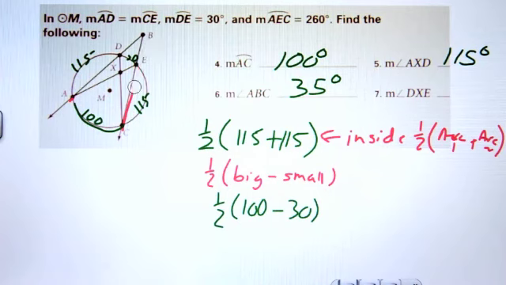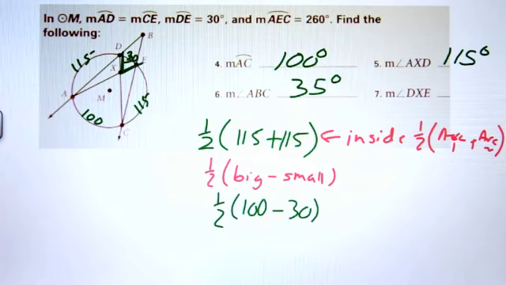Wow, we're just zipping right through these now. Okay. So take that off of there. Bring back in my 30. I'm ready to look at the last problem, DXE. DXE is that angle right there. Now, I can do it two ways. I can see again that I have an angle on the inside, which means I'm going to take half of arc 1 plus arc 2.